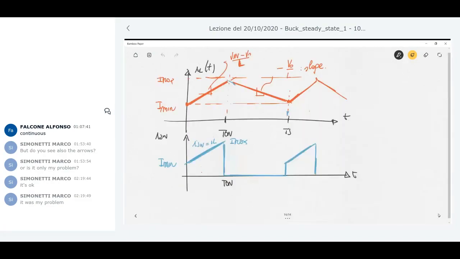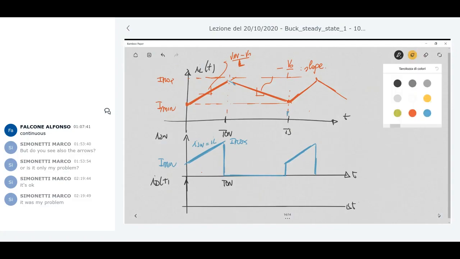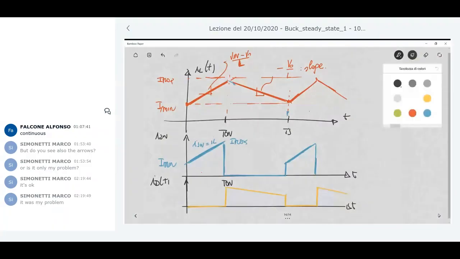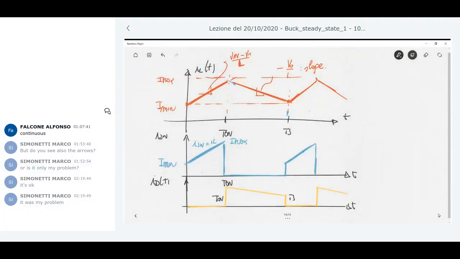So if I look at the diode current at the bottom of this graph, I have 0 during T-on, and then the same current as the inductor during T-off. Again, this is I min and this is I max.